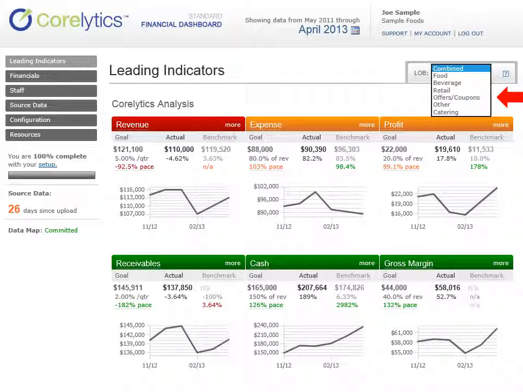This company is a restaurant company, and so we see lines of business that are food, beverage, and catering, etc. And the dashboard is going to keep track of the revenues and expenses associated with each of those lines of business, so that you can look at each one of these lines of business as a business within the business and see how each one is performing, see which one is carrying its weight in the company and maybe which ones are not, and therefore where you need to make corrections to make overall performance come up to an acceptable level.